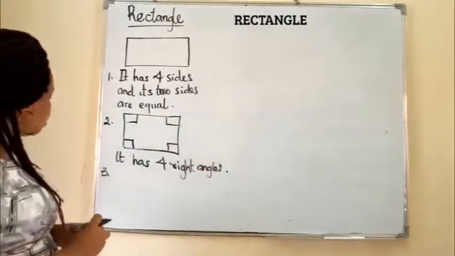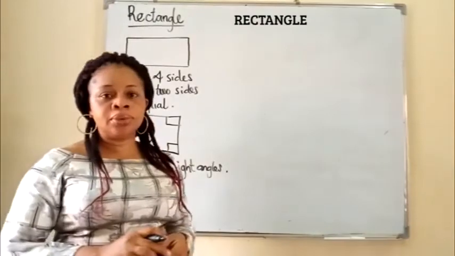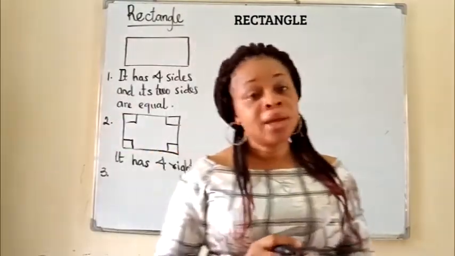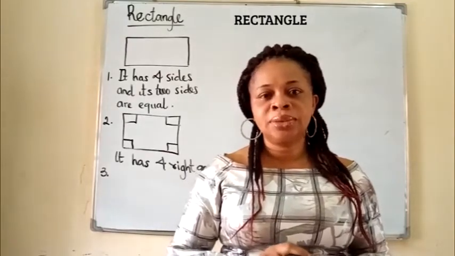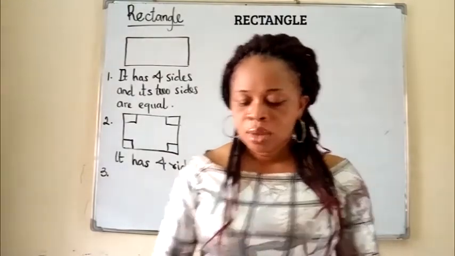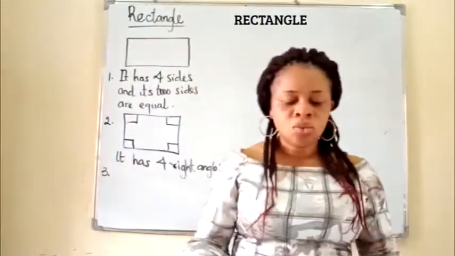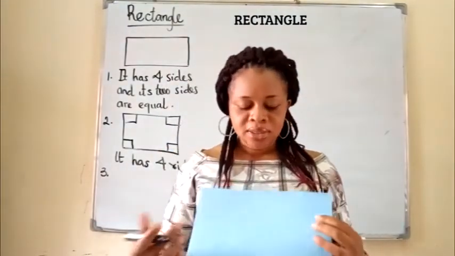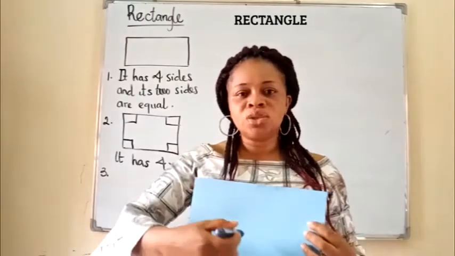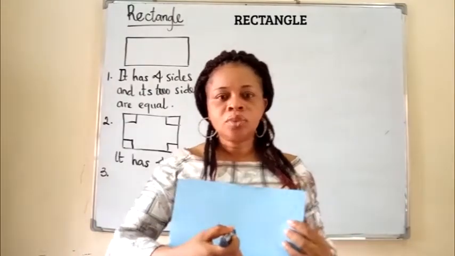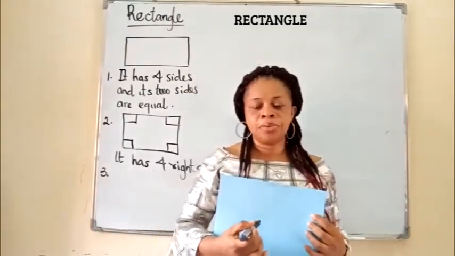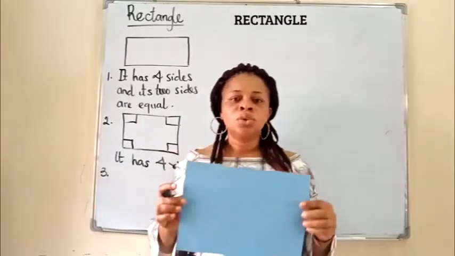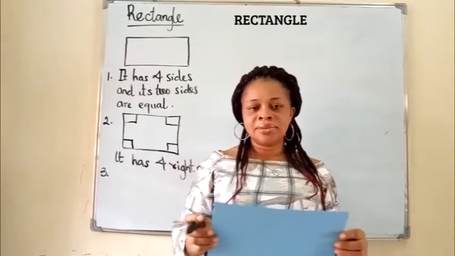Number 3 thing I want to say about a rectangle is how many lines of symmetry can I find in a rectangle? Lines of symmetry. What do I mean by lines of symmetry? That particular line that passes through the center of an object or a shape and divides it into identical halves.